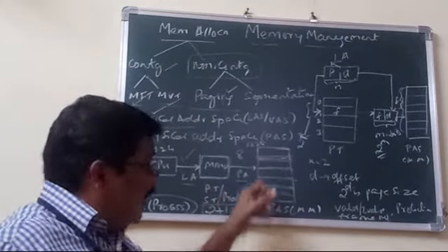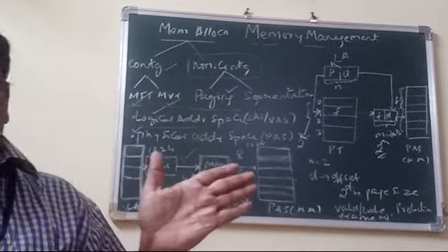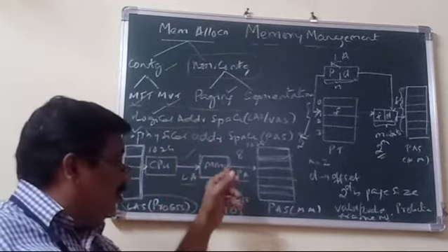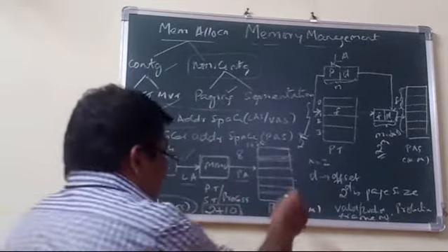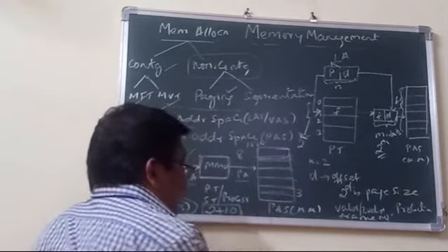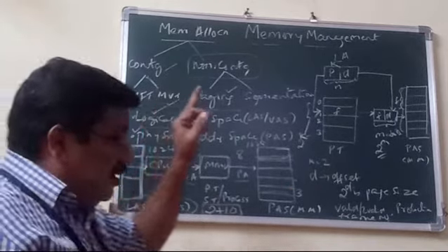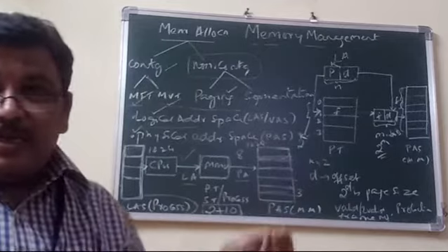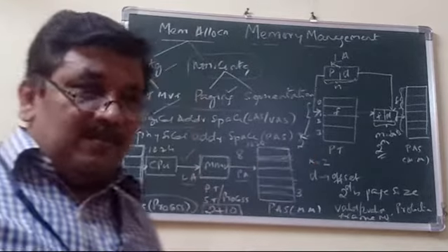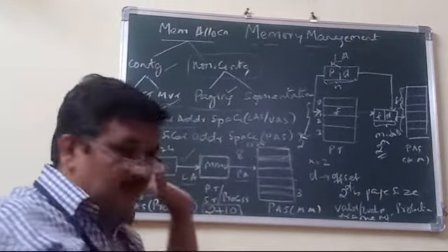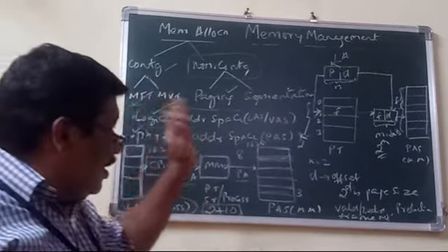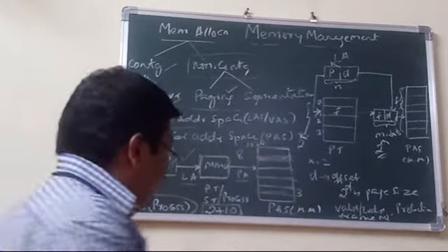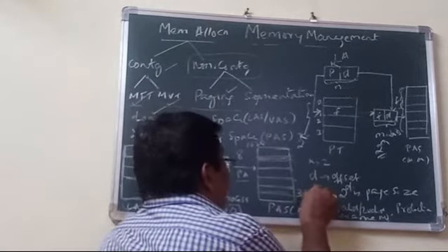Because there are 8 frames, you require 3 bits, because 2 raised to 3 is 8. And to address any location within the frame, because the frame size is again 1024, equal to the page size, you require again 10 bits.